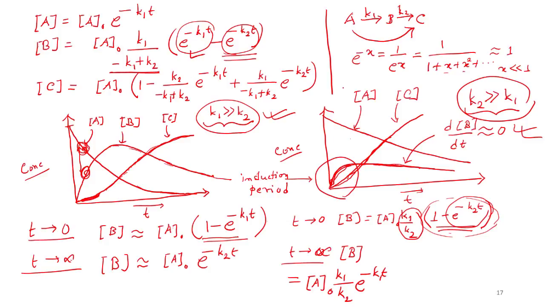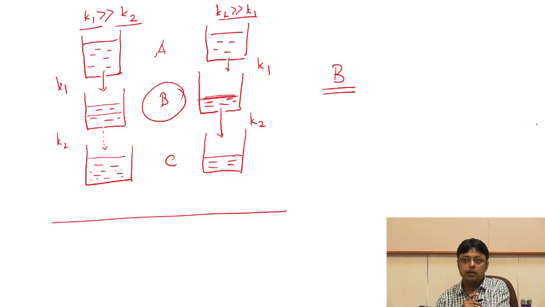The kinetics of the intermediate is very important, where we can understand how the intermediate varies with respect to time. And we see that under conditions like when the first rate constant is larger than the second, or the second rate constant is larger than the first, we can have very different situations.